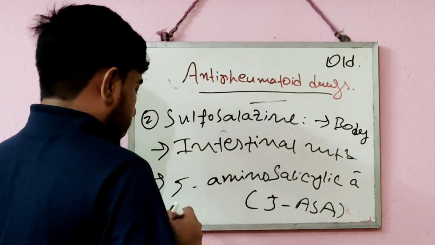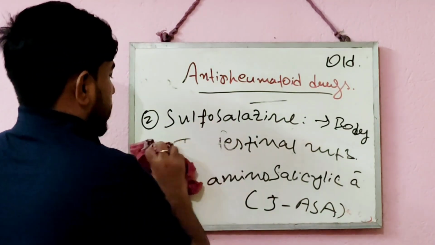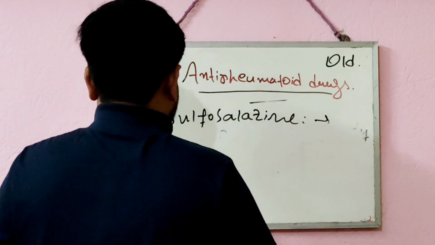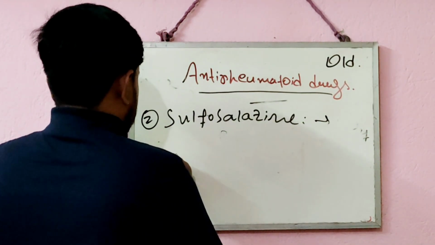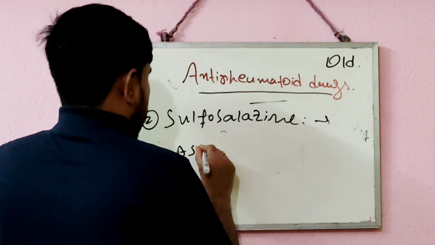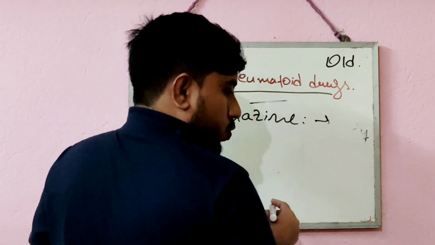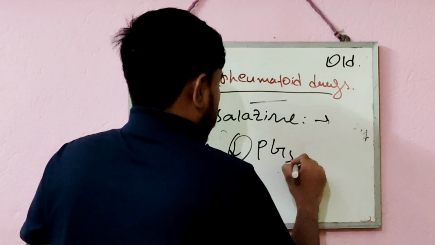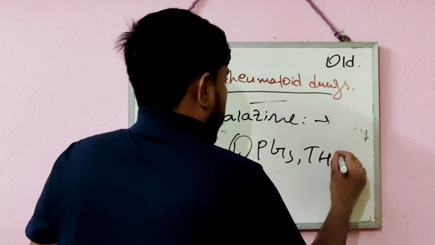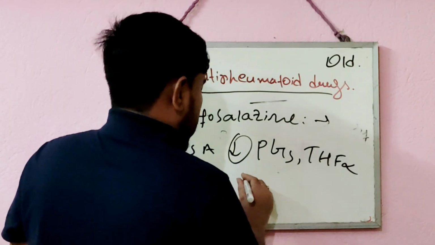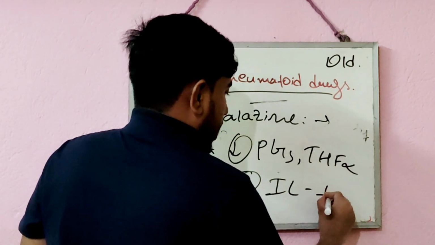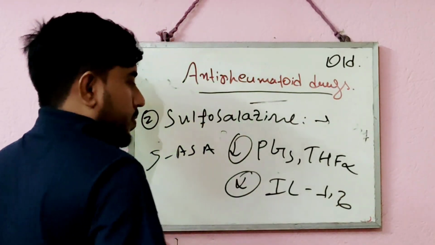Now what will that 5 ASA do? That 5 amino salicylic acid is going to reduce the production of prostaglandin, TNF alpha, and also reduce the synthesis of interleukins 1 and interleukins 6.